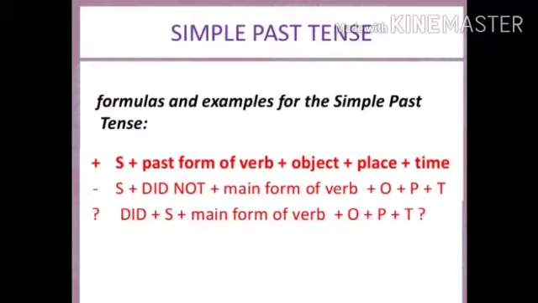Did is used with singular subjects as well as plural subjects. Pay attention that at the time of making affirmative we use the verb's second form, the past form. But whenever we use the helping verb did in interrogative and negative, automatically the second form of the verb changes into the first form.